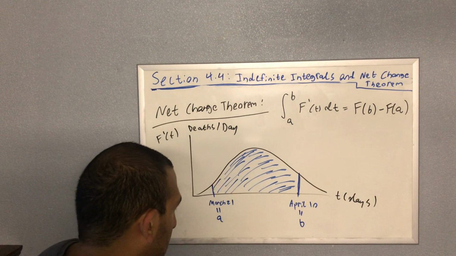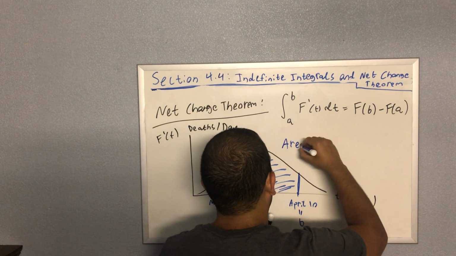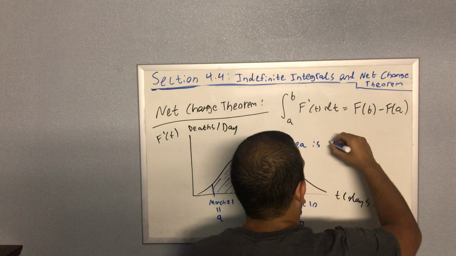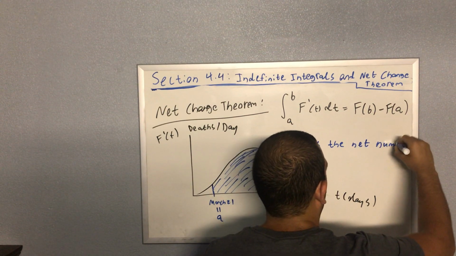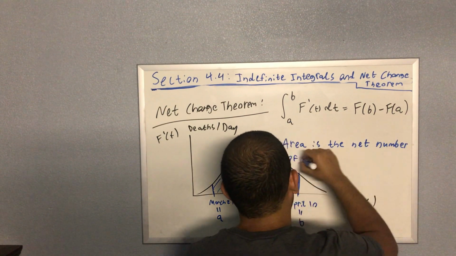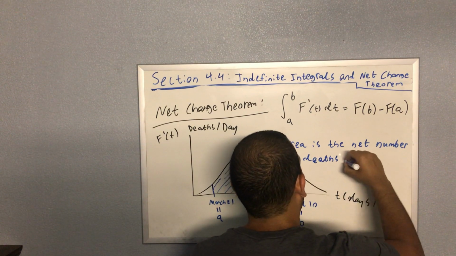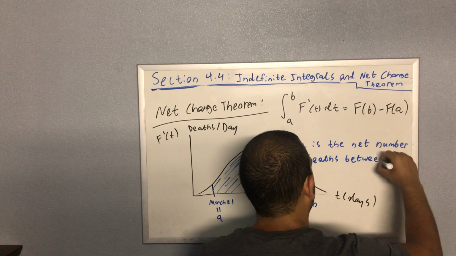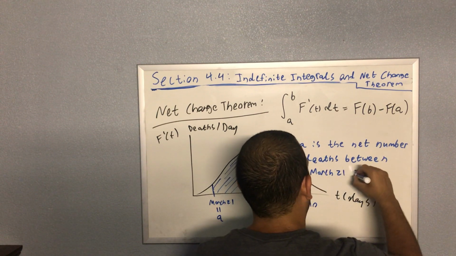So it's saying the area is the net number of deaths between March 21st and April 10th.